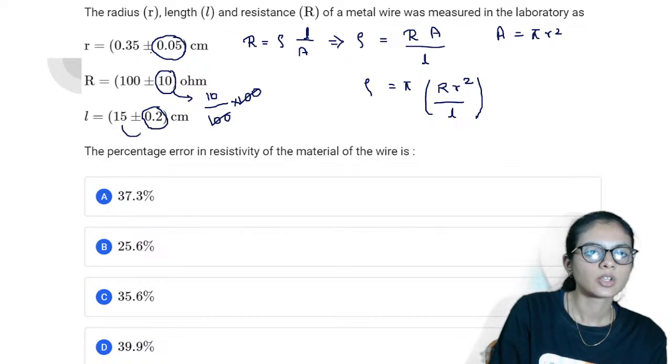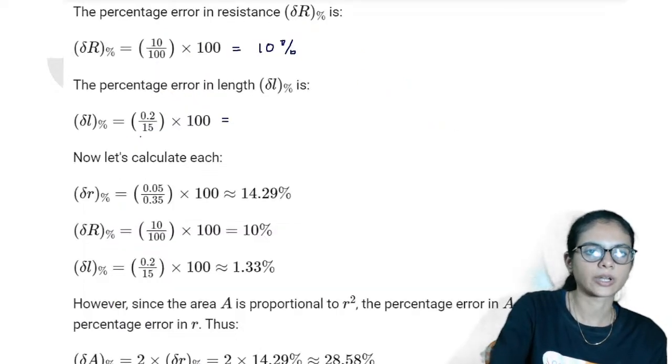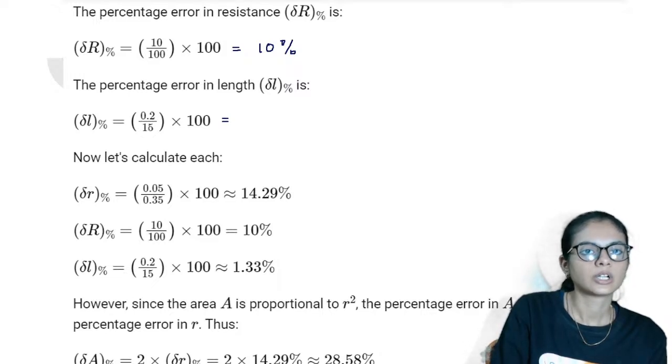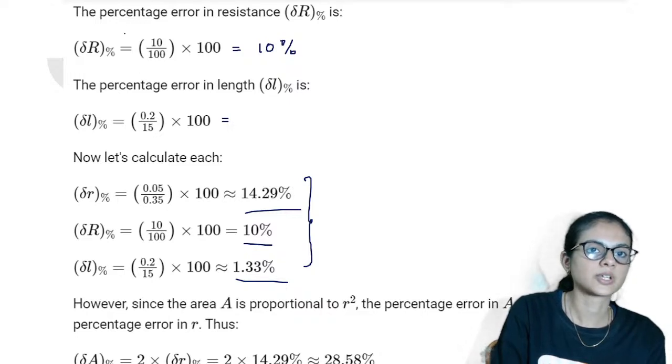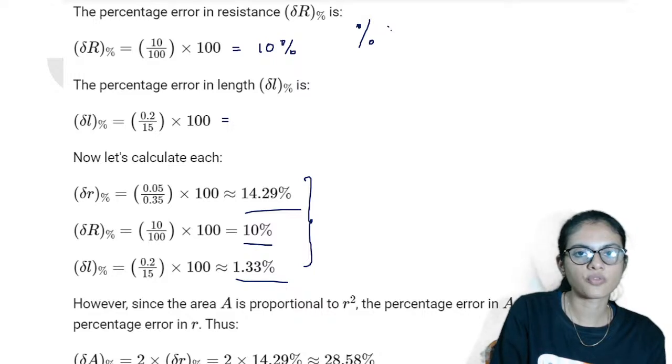Out of 15, 0.2 has error, right? So 0.2 divided by 15. So how much will it be if we calculate the length? When you divide this, you'll get 1 point something. First you have to convert this. So how to do this? Percentage error. What is percentage error? Percentage error of some quantity x is equal to the error in the quantity.